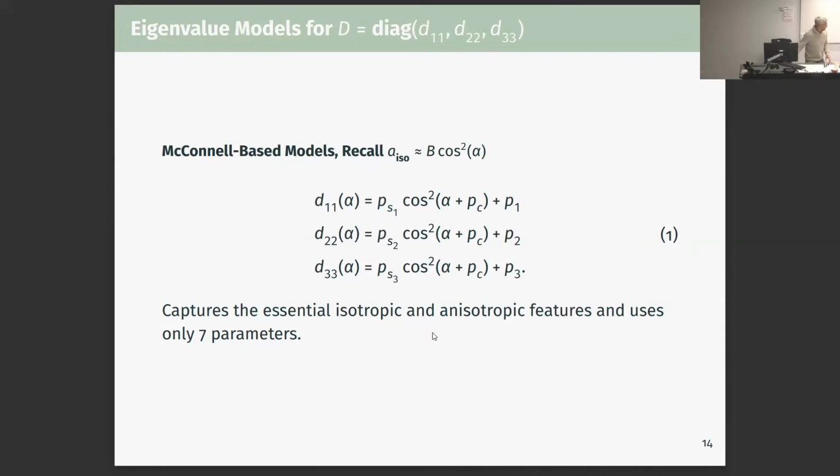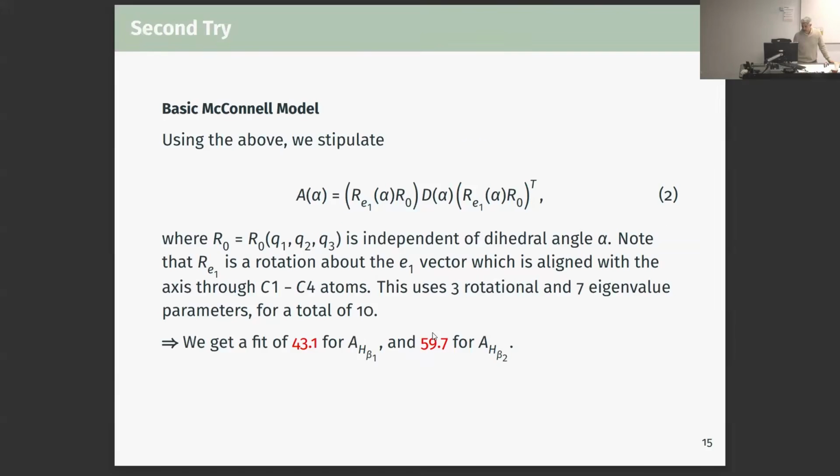Okay, so this is, again, just taking a cue from the McConnell equation. This is our model for our diagonals, our 3 eigenvalues. And then you have a cosine squared element, which is phase shifted and scaled and offset. And that captures the isotropic component.